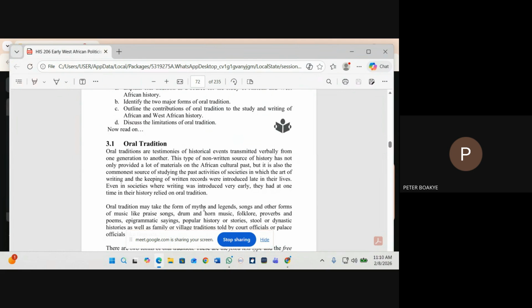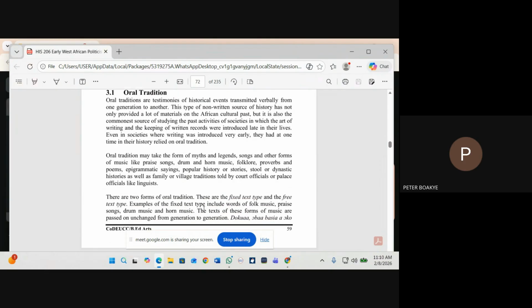This type of non-written source of history has not only provided a lot of materials on African history, but it is also the commonest source for the study of African history.